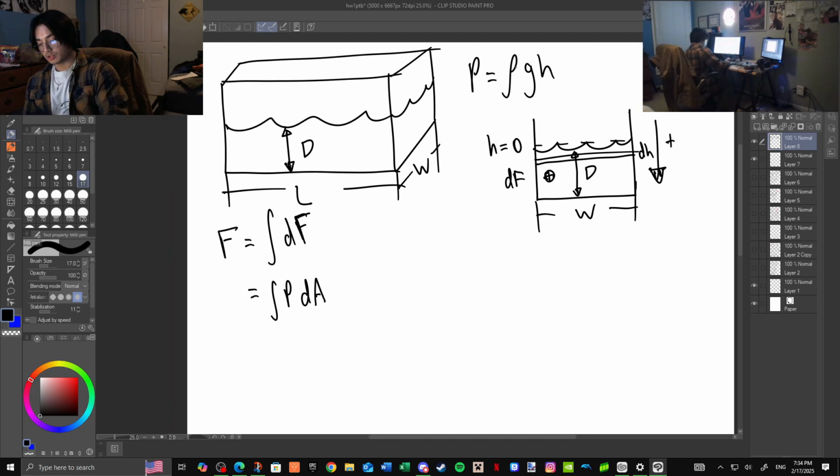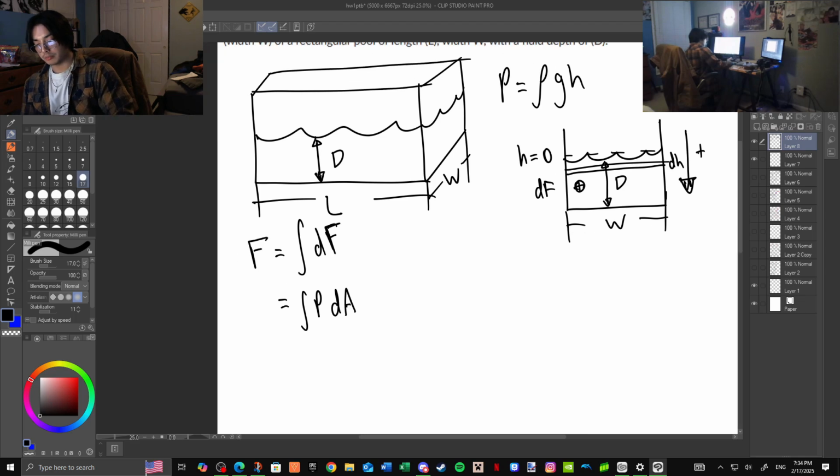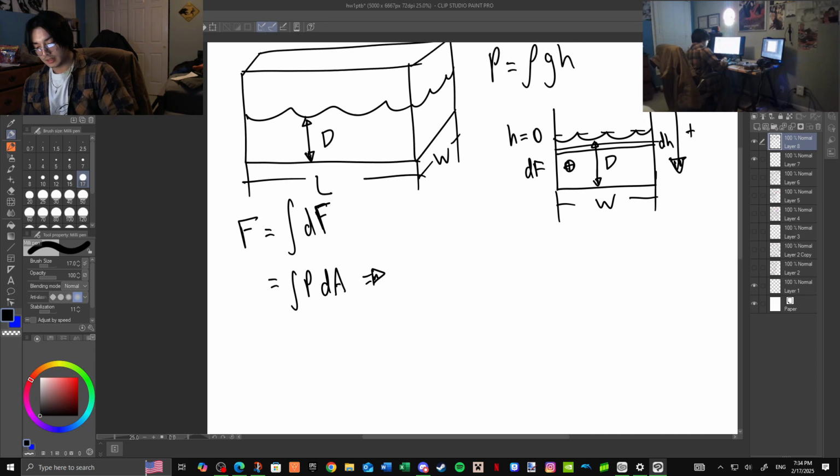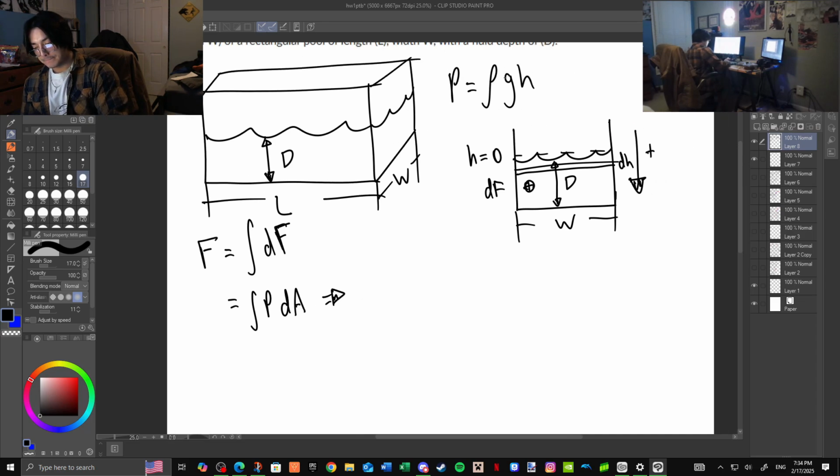Now, since we solved for the pressure in the previous problem, we can plug that in place of P. And rho and g, those are constant. So those stay outside the integral. h will remain inside the integral. And then we have dA to worry about.